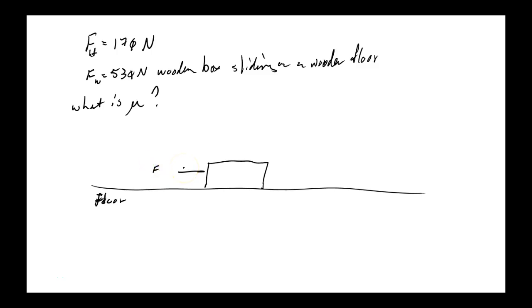And we'll just call that F sub P for push, okay? 170 newtons. Now, one thing they haven't shown here, they aren't putting any bars over the zeros. What does that mean as far as significant digits?